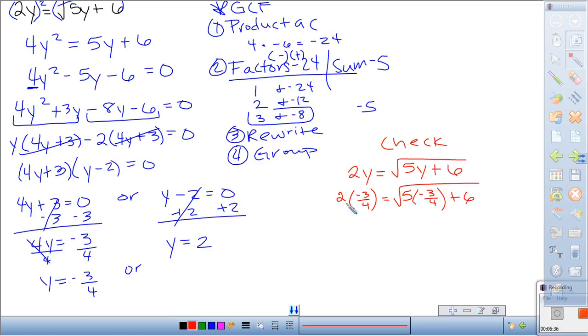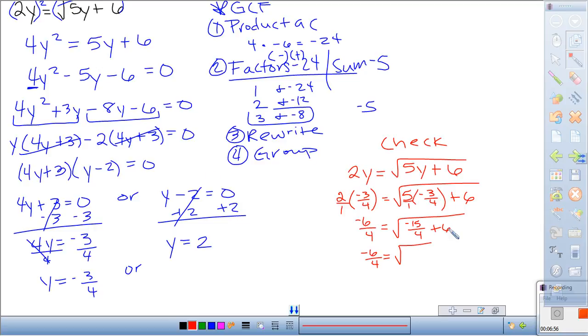2 times negative 3/4, remember it's over 1, so 2 times negative 3, that's negative 6 over 4, equals the square root of 5 over 1 times negative 3/4. 5 times negative 3, that's negative 15 over 4 plus 6. So I have negative 6/4 equals the square root of, what is negative 15/4 plus 6?